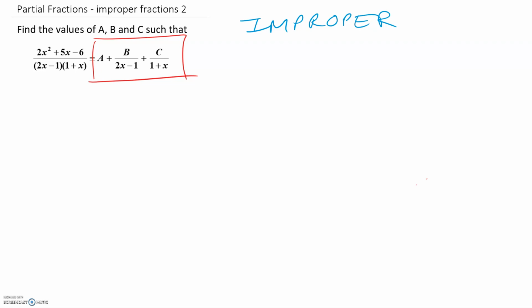The way I would do it, instead of dividing, I would multiply everything by the denominator.